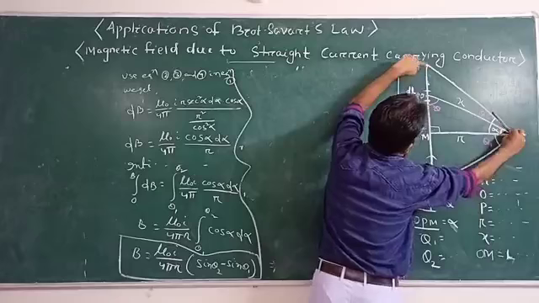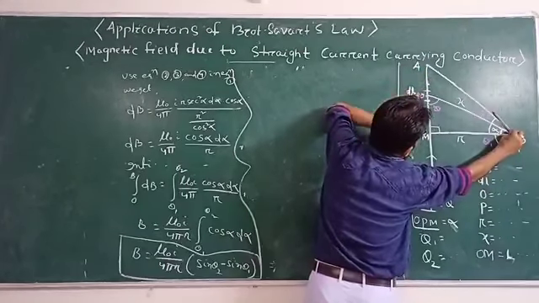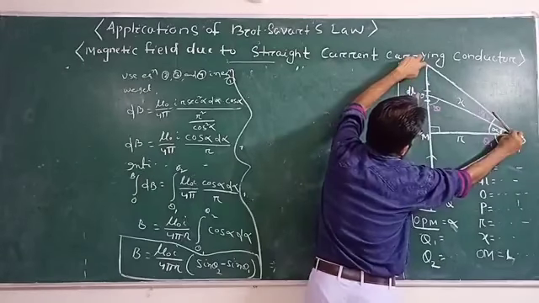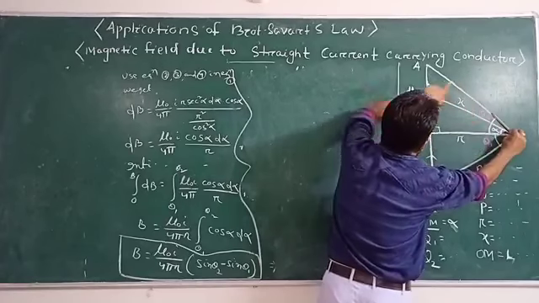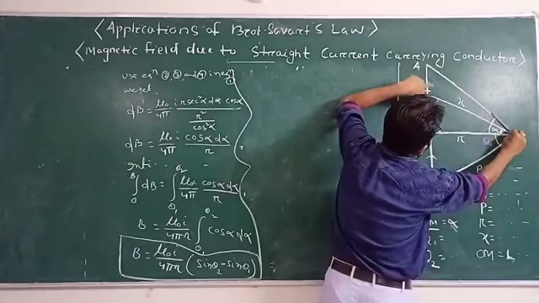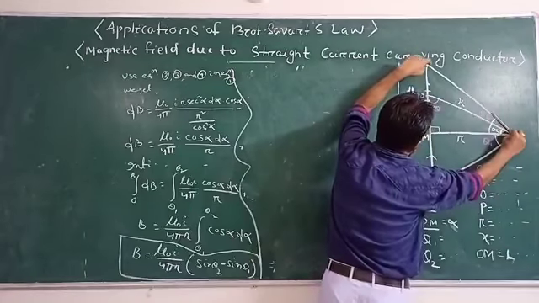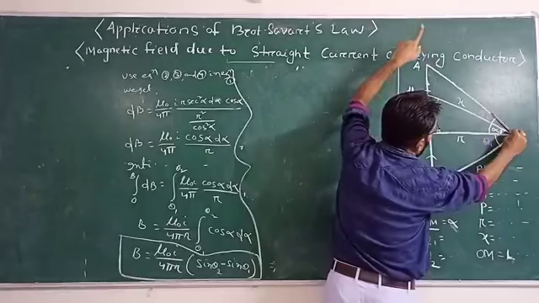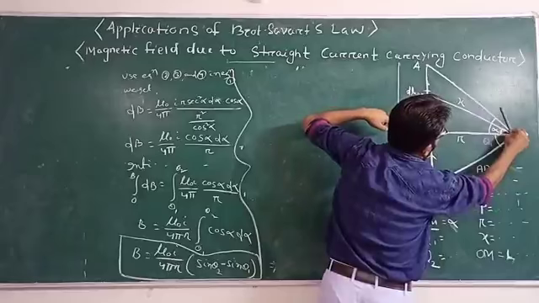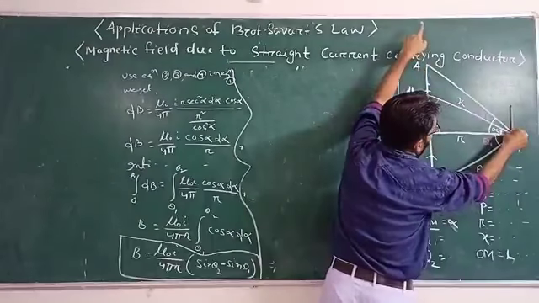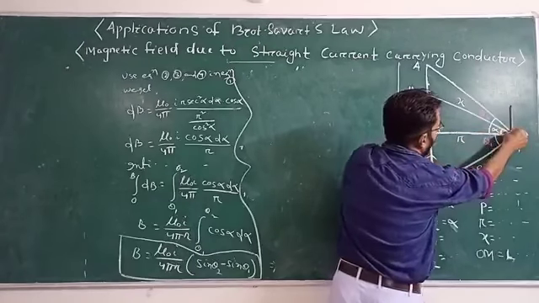If A is at infinity, when the point A is at the top of the conductor at this point, the angle is theta 2. If it is at infinity, what angle does it make? If point A is at infinity, it makes an angle of 90 degrees, or pi by 2.